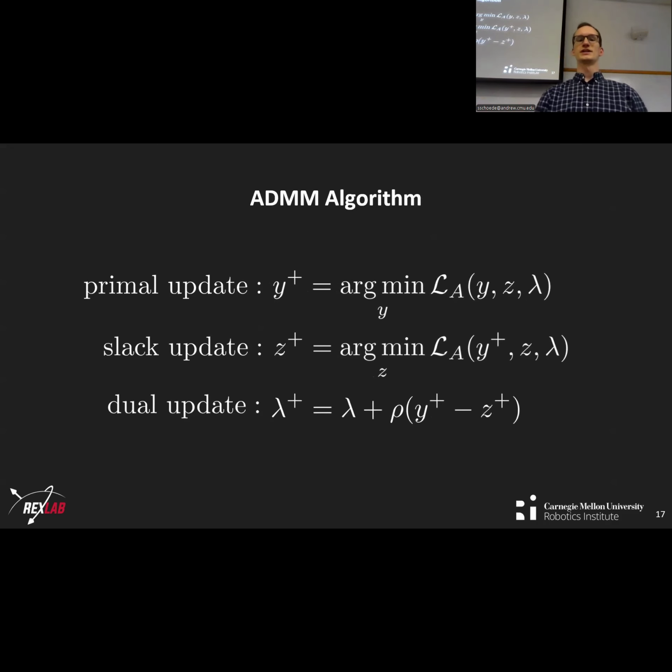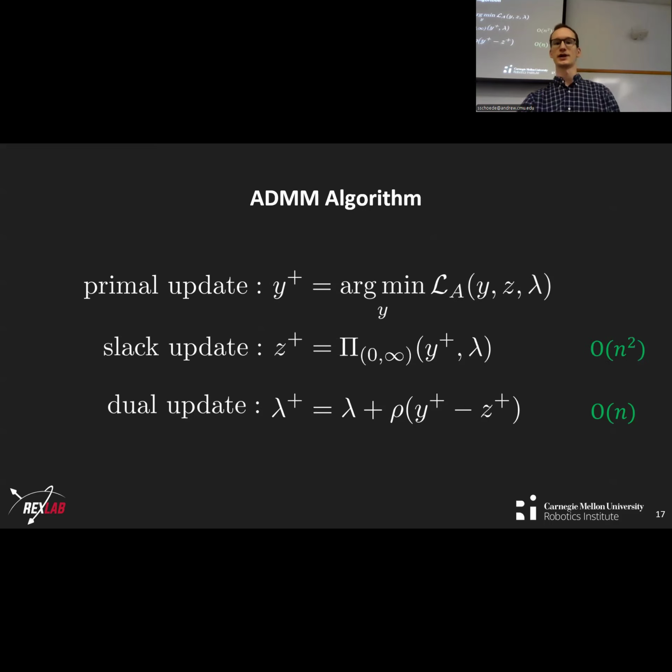And looking at the time complexity for these, the dual update is just vector addition. So this turns into O of n. It scales linearly with the size of the problem. The slack update is generally a projection onto the feasible region. So that's O of n squared if you're doing linear projection. In the case of clamping or bound constraints, this can just be O of n, which is kind of nice.